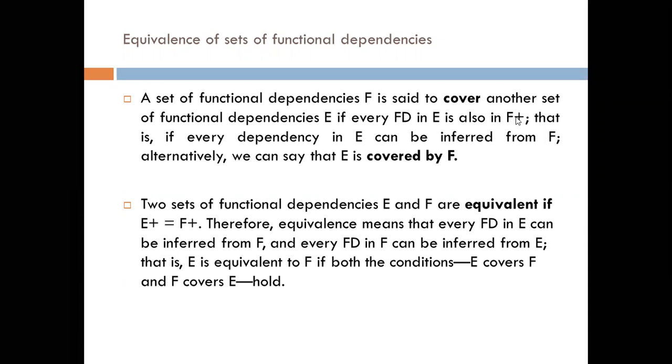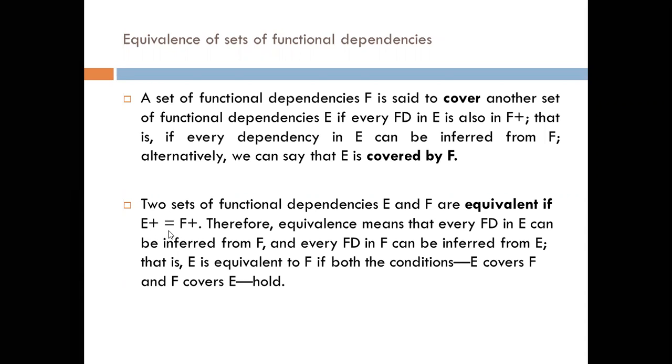If we can infer all the functional dependencies of E from F, then we say F is covering E, or alternatively E is being covered by F. Two sets of functional dependencies E and F are equivalent if their closures are also equivalent.